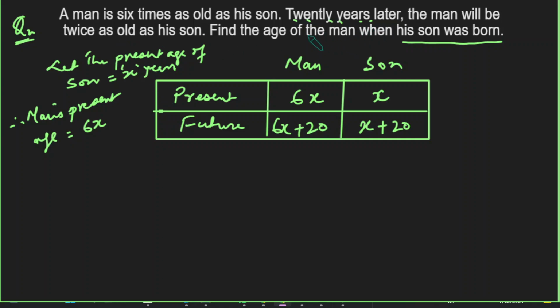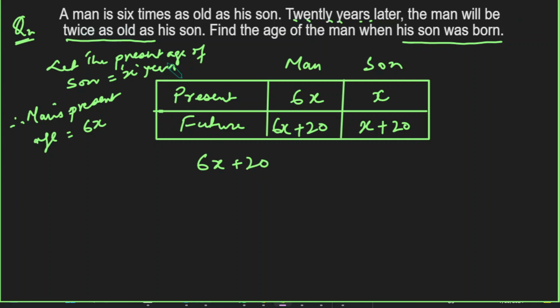Now we have to find if there is any relation that we can develop to create an equation. Here, 20 years later, the man will be twice as old as his son. This is the relation. In future, the future age is 6x plus 20 for the man.